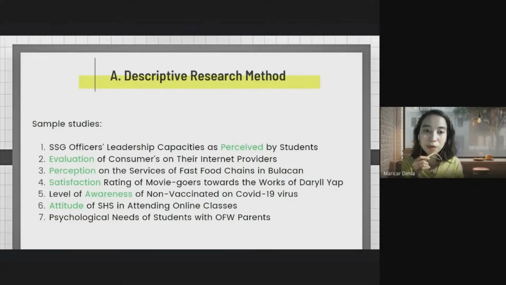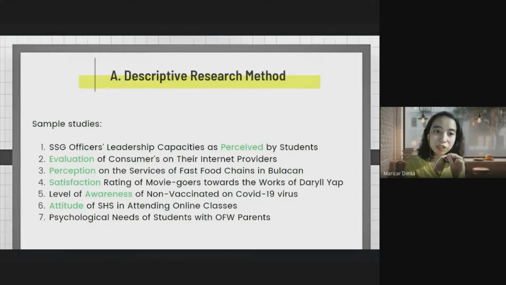Okay? Possible also on kung ano yung service they are experiencing. Halimbawa, anong promo nila, yung in-avail nila na service from their internet providers. Okay, so meaning to say there's something with the demographic profile of the respondents.